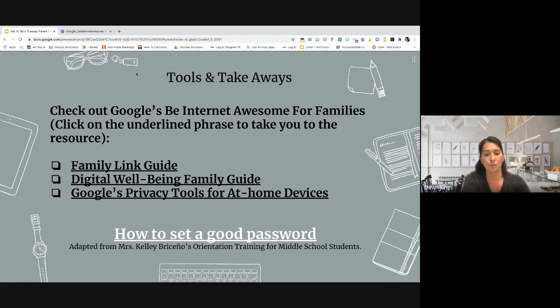Okay. The last thing I want to leave you with is passwords. I didn't have a whole lot of time to explain how to set up a good password. So I borrowed from Ms. Briseño's orientation training for middle school students, how they suggest passwords should be set. And it's a really cool little tutorial on picking like an acronym and staying with it.